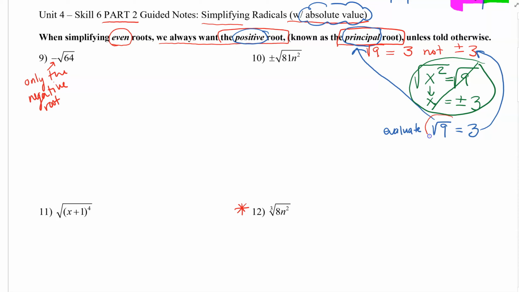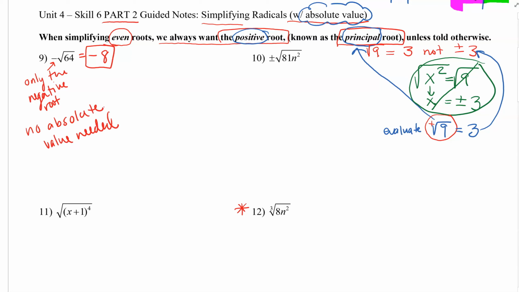When you see a radical sign with no sign in front, right, the default when there's no sign is positive. So this was saying only the positive root. Similarly, when you see a square root with a negative in front, it wants only the negative root. And the negative square root of 64 is negative 8. So we don't want absolute value here because we actually want the answer to be negative. So no absolute value needed on that one.